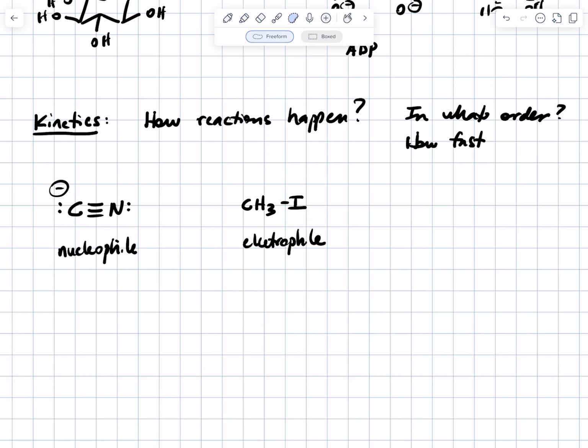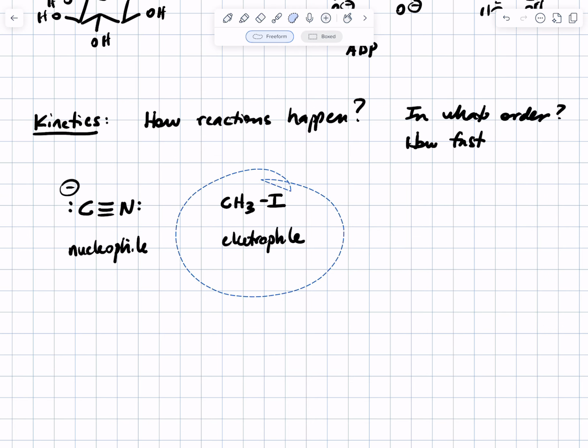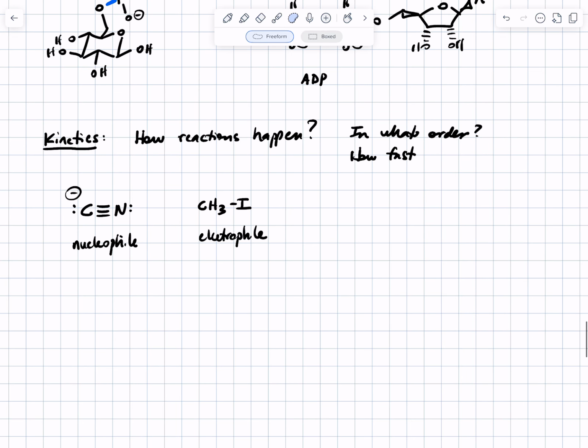Now that I've identified nucleophile and electrophile, based on stuff that you did for the first exam, you could probably already predict for me what's going to happen and how it's going to happen. But I'm going to show you basically how we know these things, and we're going to pretend like we have no idea what's going on, and we're going to use data to tell us what the mechanism of this reaction was.